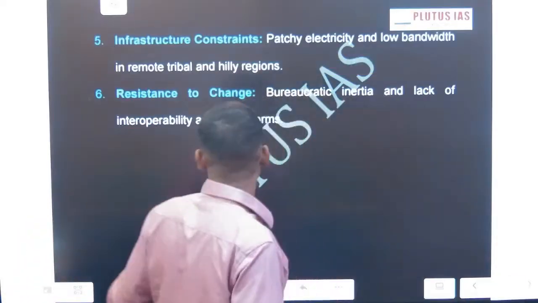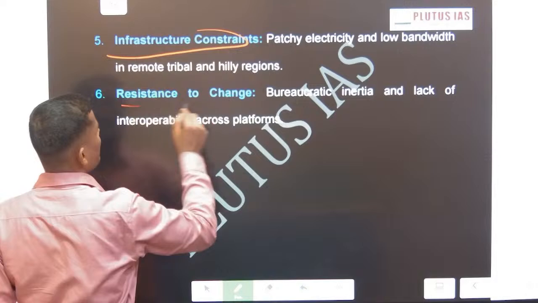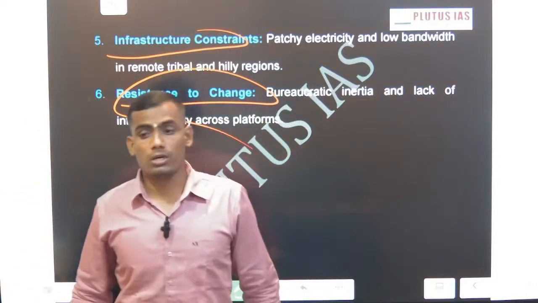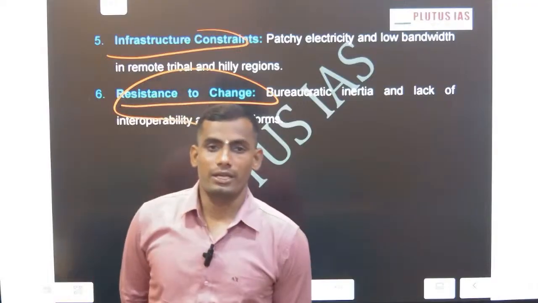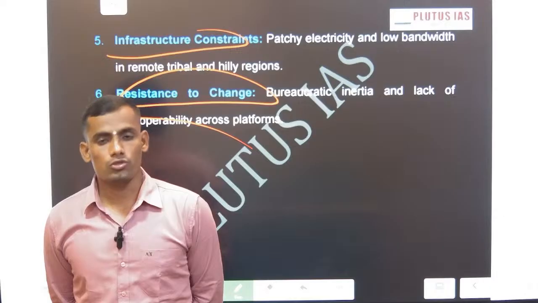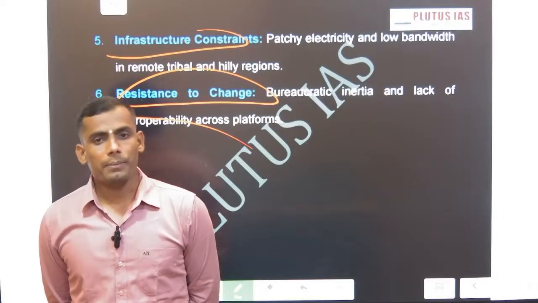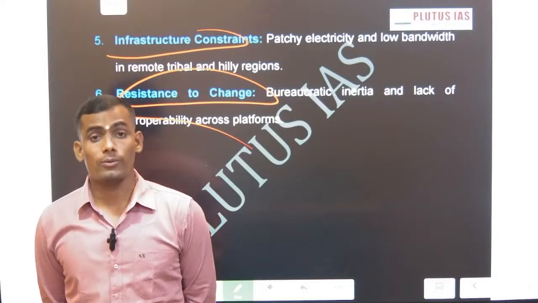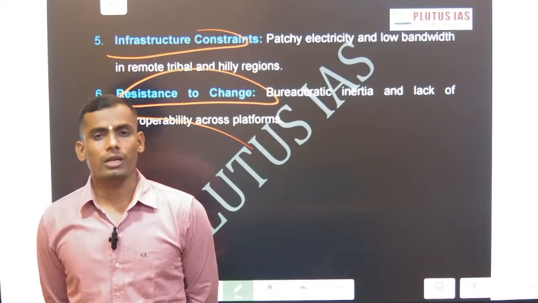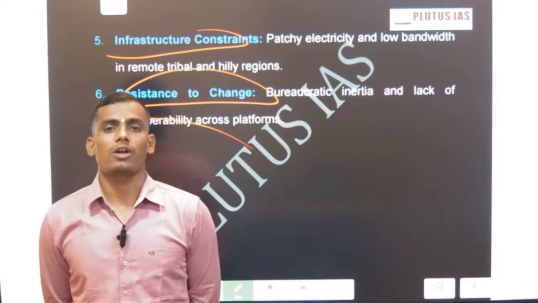Next one, infrastructure constraint and resistance to change. Recently there was one incident in Odisha. The Odisha government launched AI technology in governance. But most of the officers working in the Odisha secretariat were very averse towards adopting the new technology.